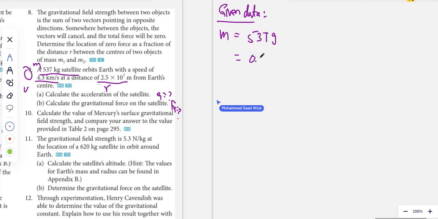It will be 0.537... no, it is in kilogram as well.